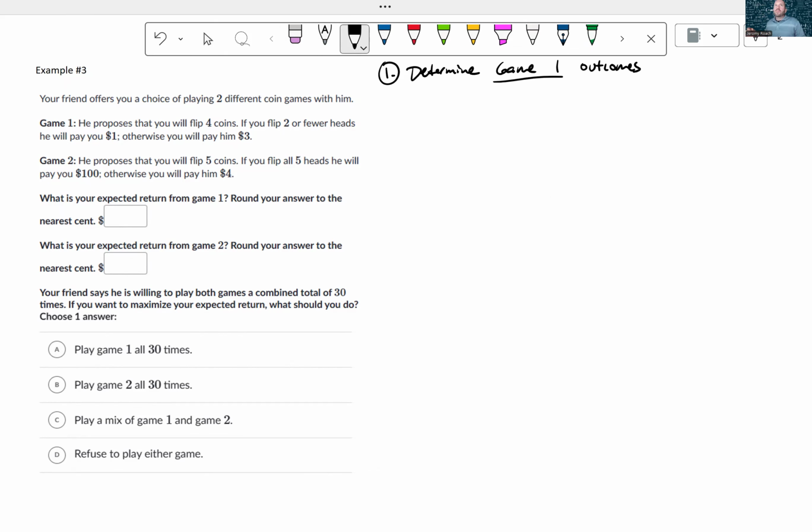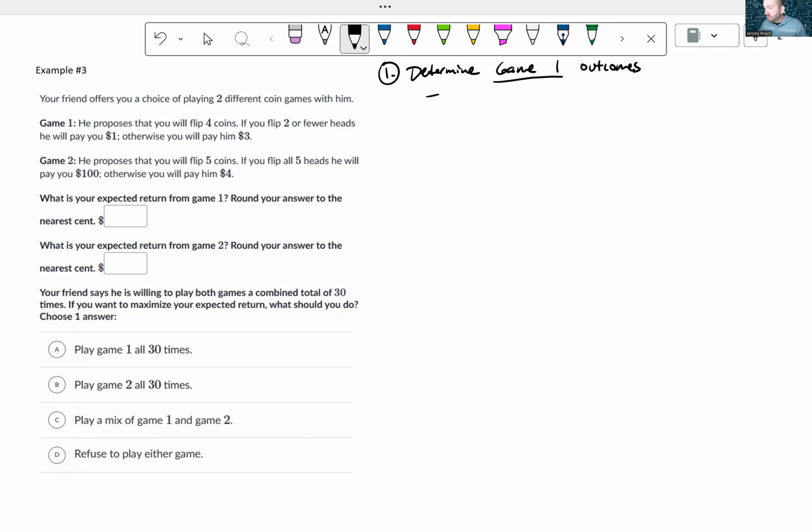All right, so for game one, we have four coins, and there's two possibilities for each coin. So we can either get heads or tails, and we're going to use the fundamental counting principle to figure this out. So there's two possibilities for each coin, and we're going to flip four coins.